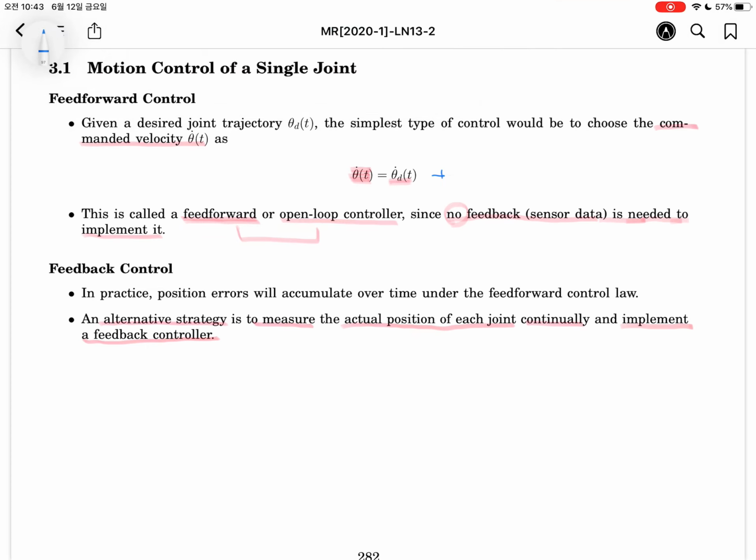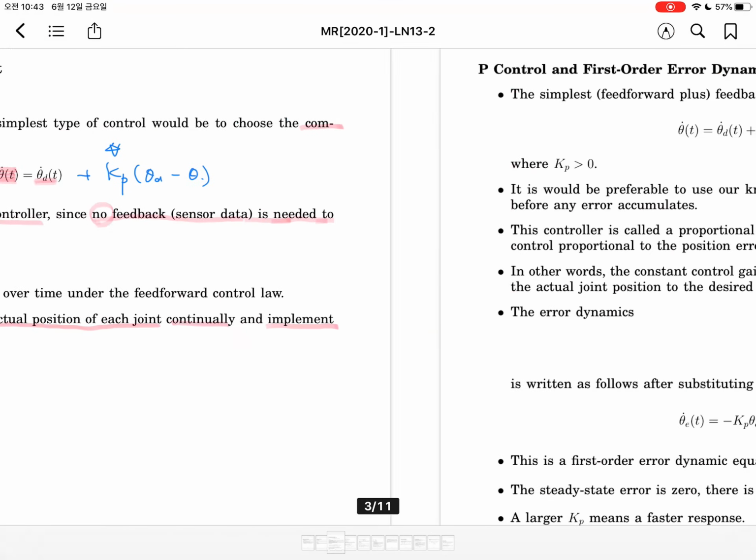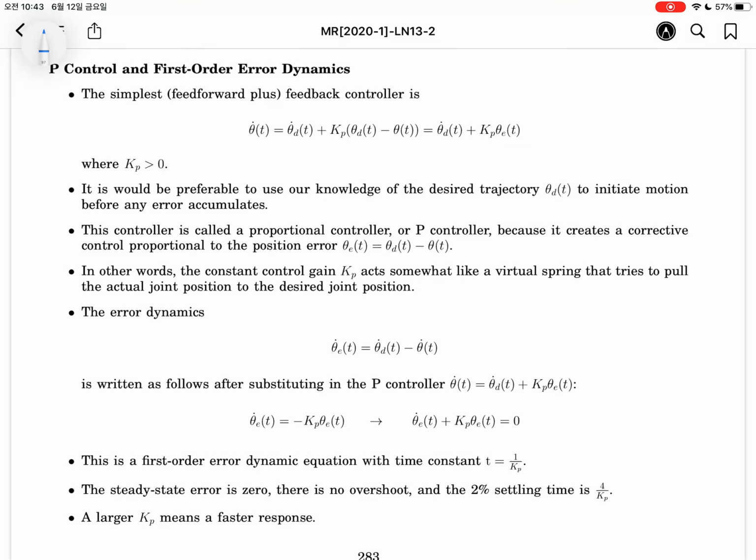So I think it's possible to add here a proportional gain times theta desired minus theta. Like this, we can add proportional control. Now we will use feedforward plus feedback control.